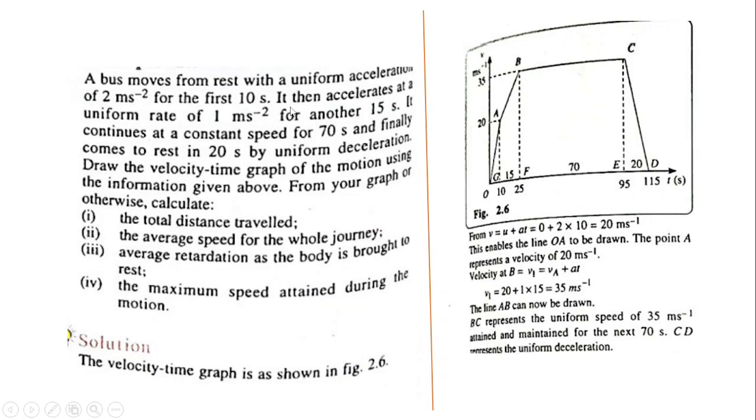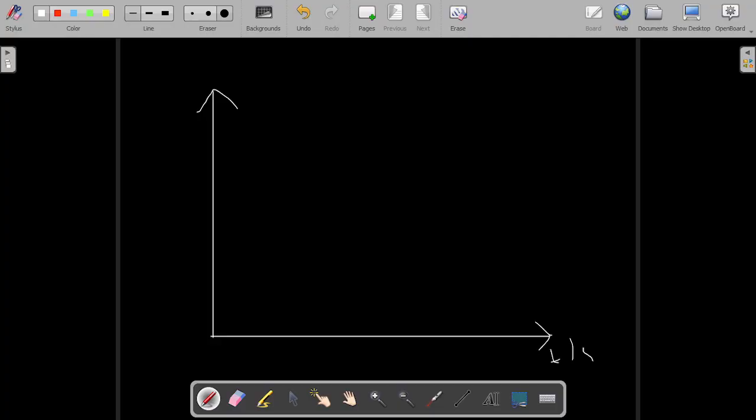So we have the velocity on the vertical axis and the time in seconds on the horizontal axis. It moves with a uniform acceleration of 2 meters per second square for the first 10 seconds. Let's say it starts from west, which implies that it begins from time 0, and it moves for the first 10 seconds.